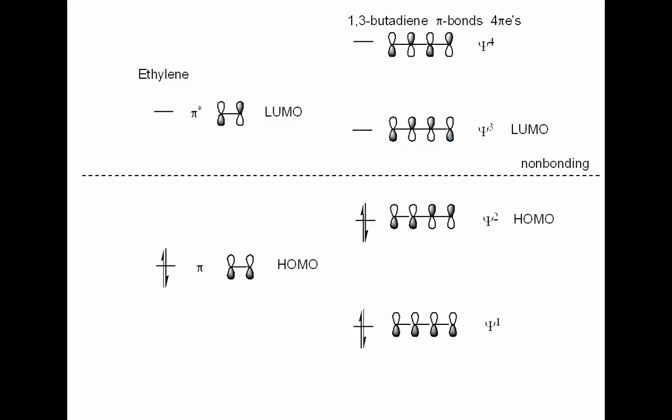Okay, here's the net result of that diagram from the previous slide. We're looking at the pi and the pi star molecular orbitals of ethylene, the ethylene pi bond, and the LUMO and the HOMO. Okay, when we introduce conjugation, the system becomes more complex.